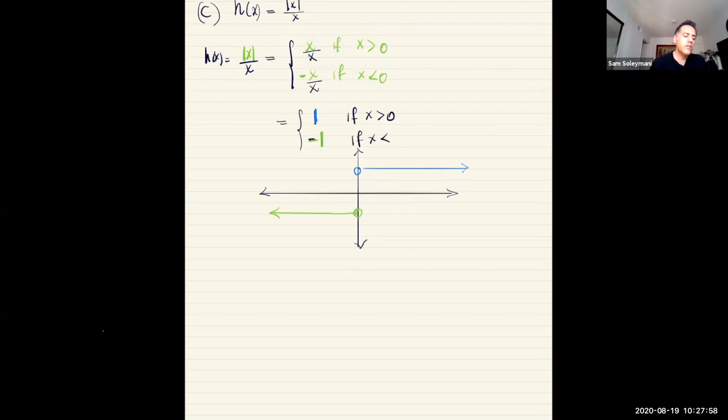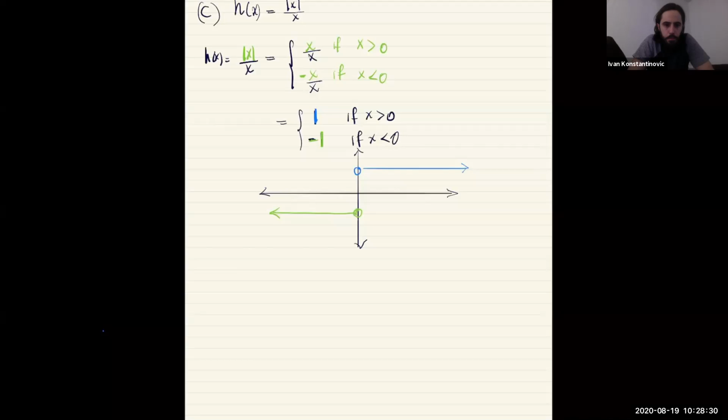When x is less than 0, x is negative and y is negative 1, and for x more than 0, it's 1. This function jumps, it is not continuous. And what do we know about a function that's discontinuous? Is it differentiable? It's not differentiable.